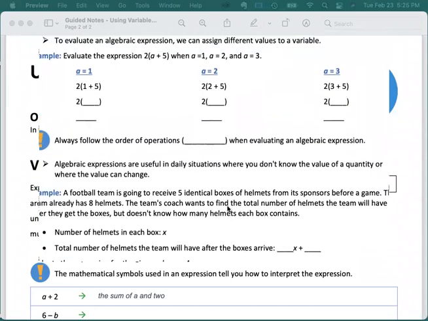And here, evaluating algebraic expressions. So if a is 1, then we could substitute a for 1. Get my pen back. So I'm going to put 2 times a plus 5.